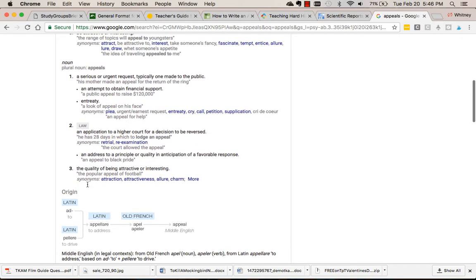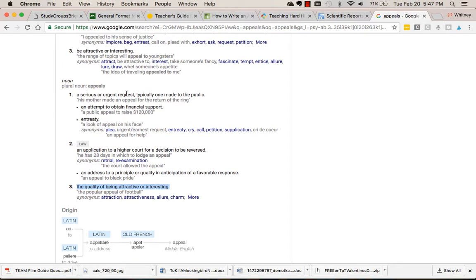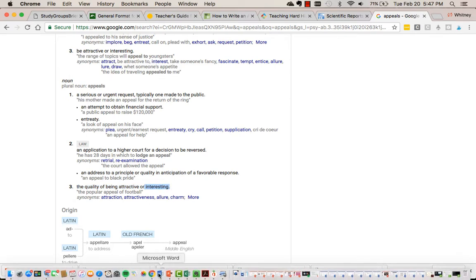There's also this meaning of the quality of being attractive or interesting. So when you're appealing to someone or something or an emotion, you're trying to bring it to the forefront. You're requesting that it be considered, at the same time trying to make it interesting, the thing that's being thought about and pursued.